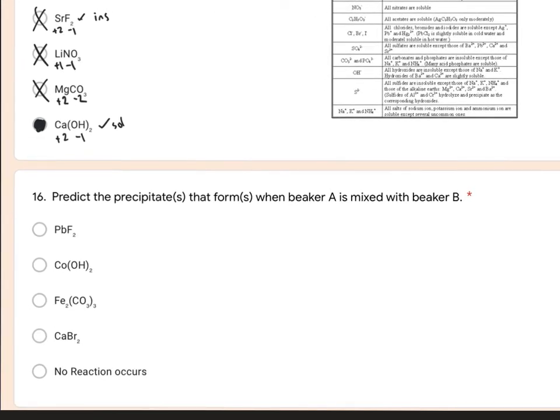Predict the precipitate that forms. Well, remember we had Co(NO3)2, which is soluble, so aqueous, plus we determined in the next one we have Ca(OH)2, which is aqueous.